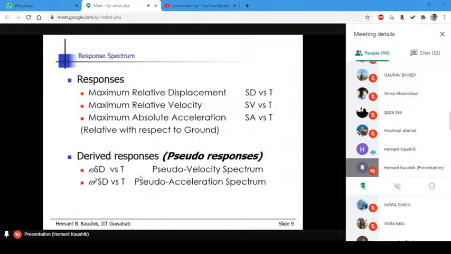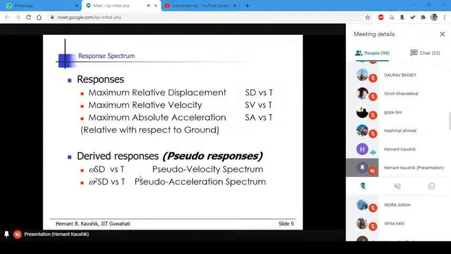Now, it is not necessary to do all these calculations again. Once you have the solution for displacement ready, you don't have to find another solution for velocity and acceleration. For that purpose, we can do something else.